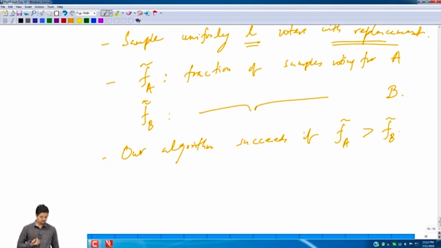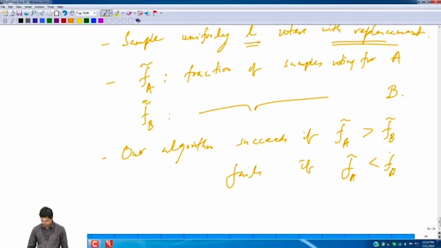That's my algorithm. So it succeeds in this case and fails if f hat of A is less than f hat of B. You can assume L to be an odd number so that there is no tie.